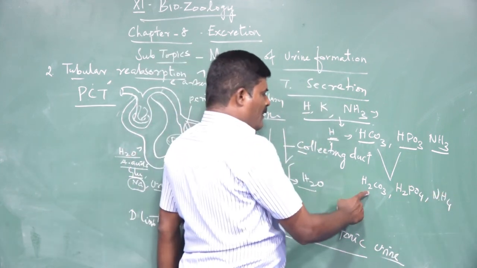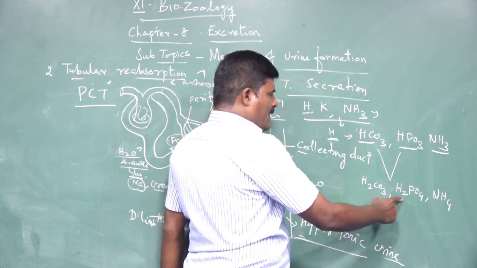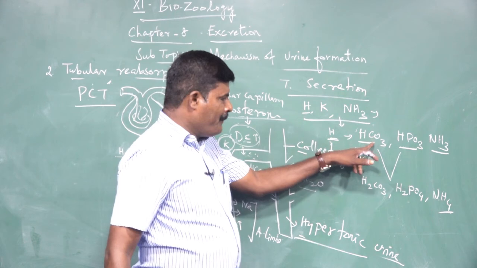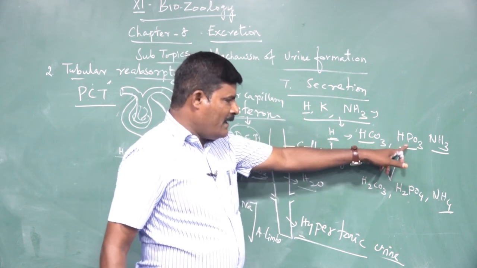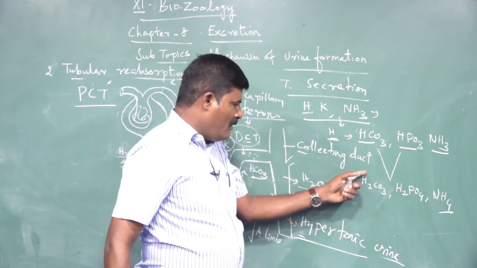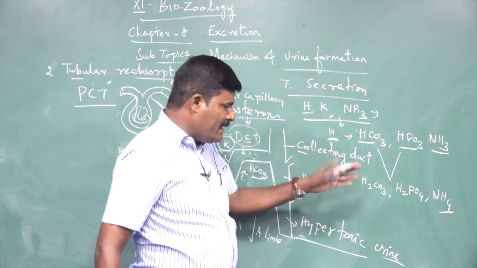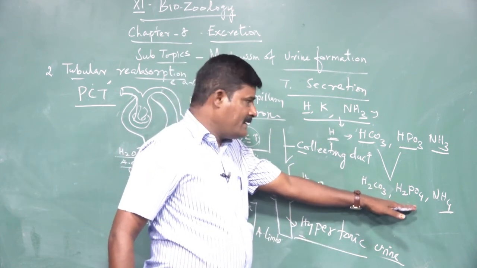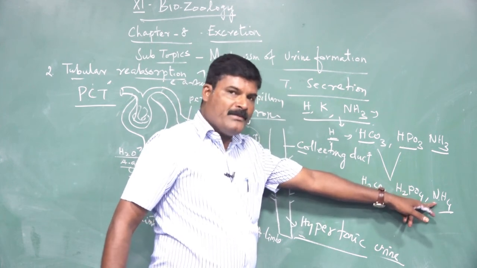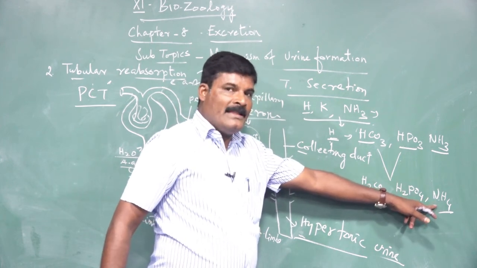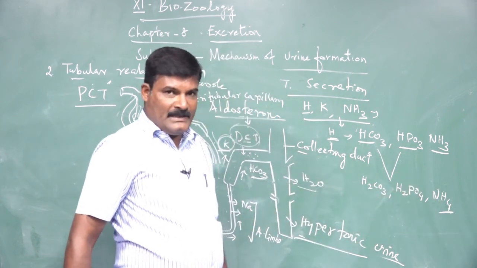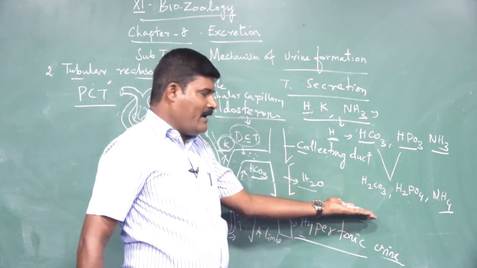Here it is carbonic acid, phosphoric acid, and the ammonium salt. The hydrogen is always fixed in the form of carbonic acid, phosphoric acid, and ammonium ions. The ionized form of ammonia is NH4. The hydrogen is fixed like this.